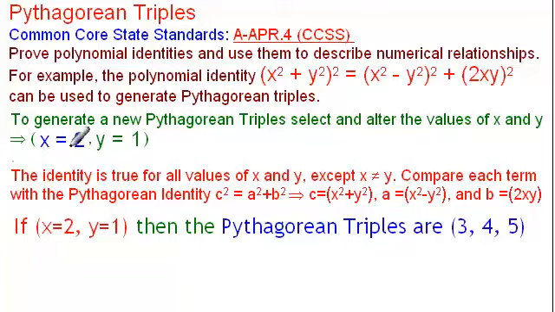Let us find out. The first one is x is 2 and y is 1.